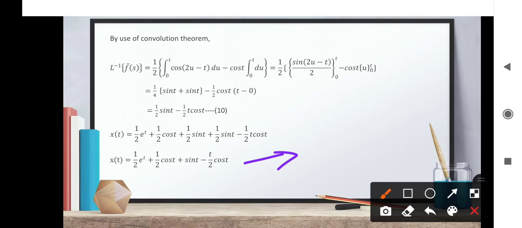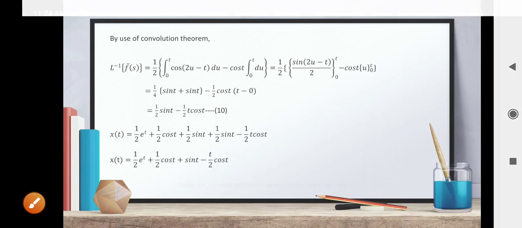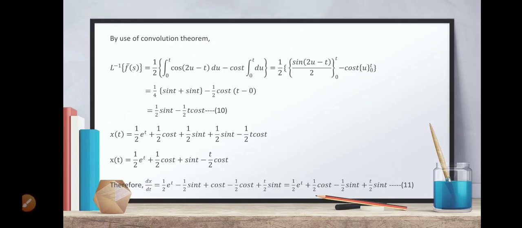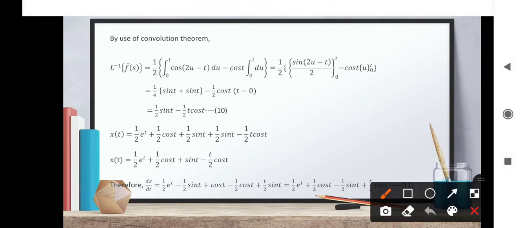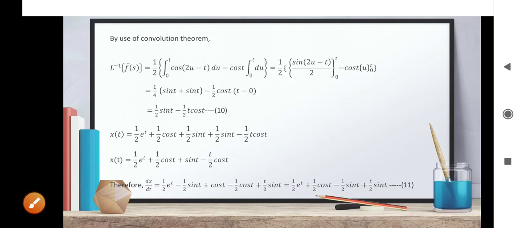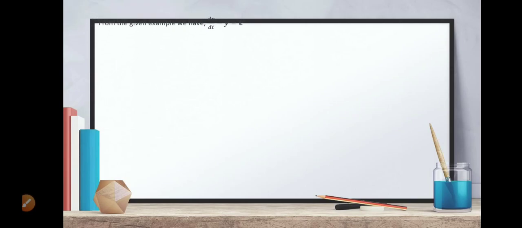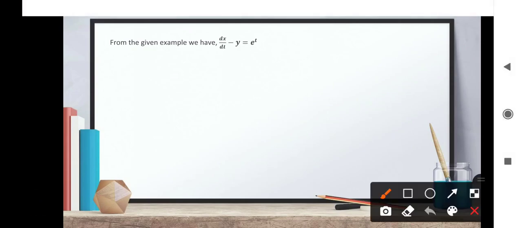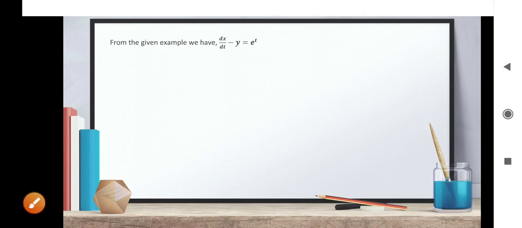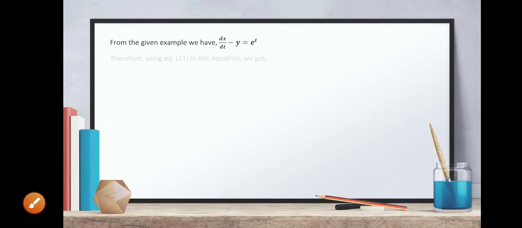We have x of t, so we can find its derivative, that is, we can find dx by dt, and this result number 11 is your dx by dt result. From equation 1, we have dx by dt minus y equal to e raised to t. Now in this equation, put dx by dt from result number 11 and simplify to get y.